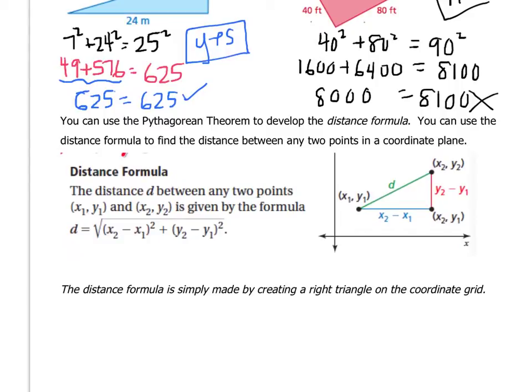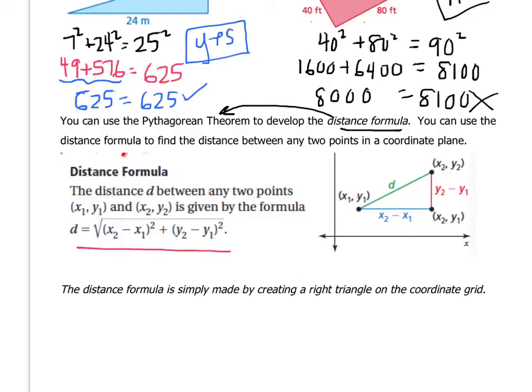The distance formula was developed by way of using the Pythagorean theorem, and you can use it to find the distance between 2 points on a grid. Now, in the last note sheet, we had a question where there were 2 paintball teams, and they drew a right triangle on the grid. That is pretty much what the distance formula is all about. Here is the distance formula. No, I am not going to make you memorize this formula, but you do need to know how to use it.